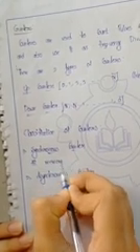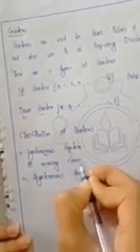In synchronous counters, all memory elements have the same clock, the same signal. In asynchronous counters, all memory elements have different signals or different clocks.